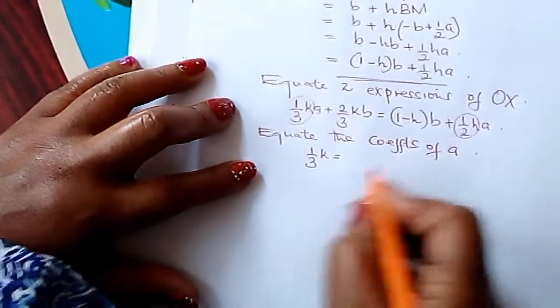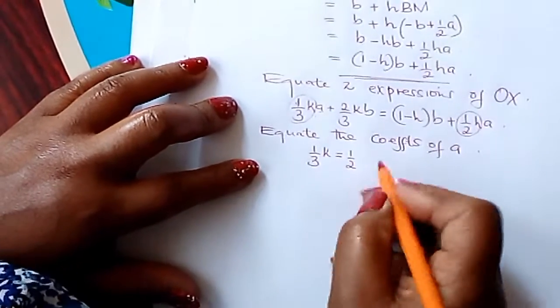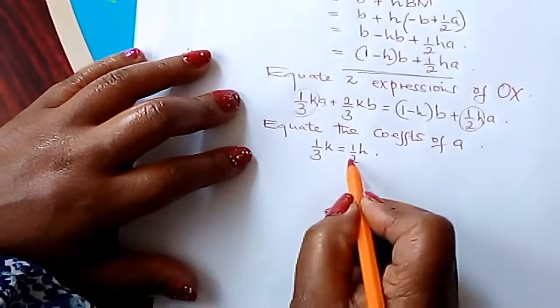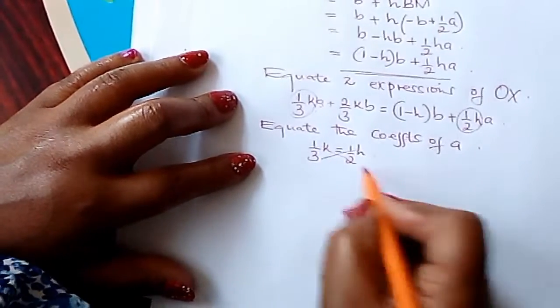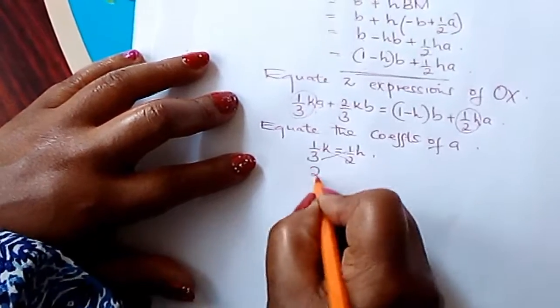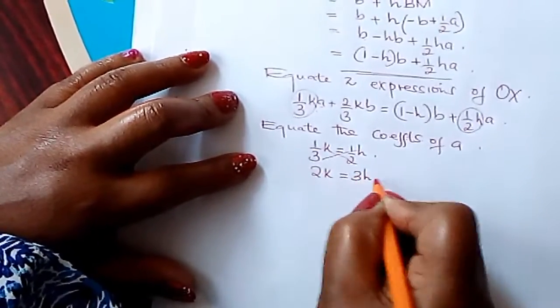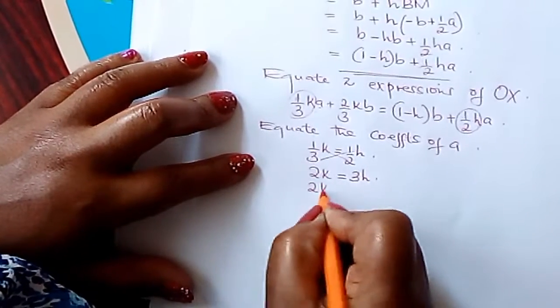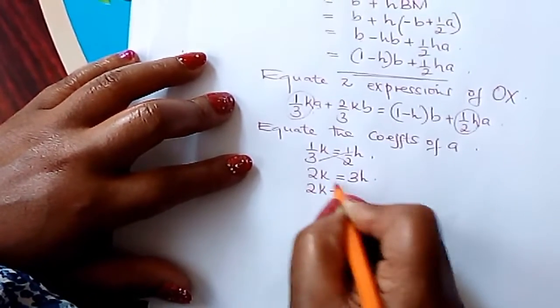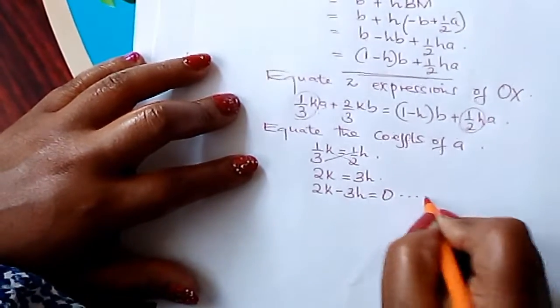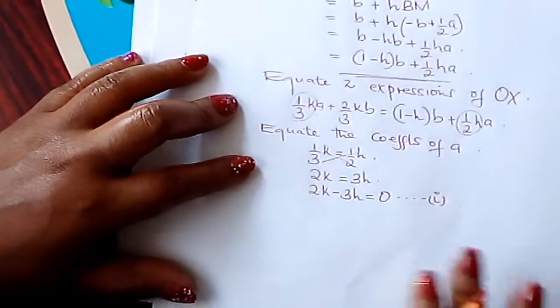The coefficient of A is a half of H. Learner, from here to remove the denominators, cross multiply, and therefore you'll get what? 2K is equals to what? 3H, which we can as well write as 2K minus 3H, if you brought this on this side, is equals to 0. Call that equation Roman 1.